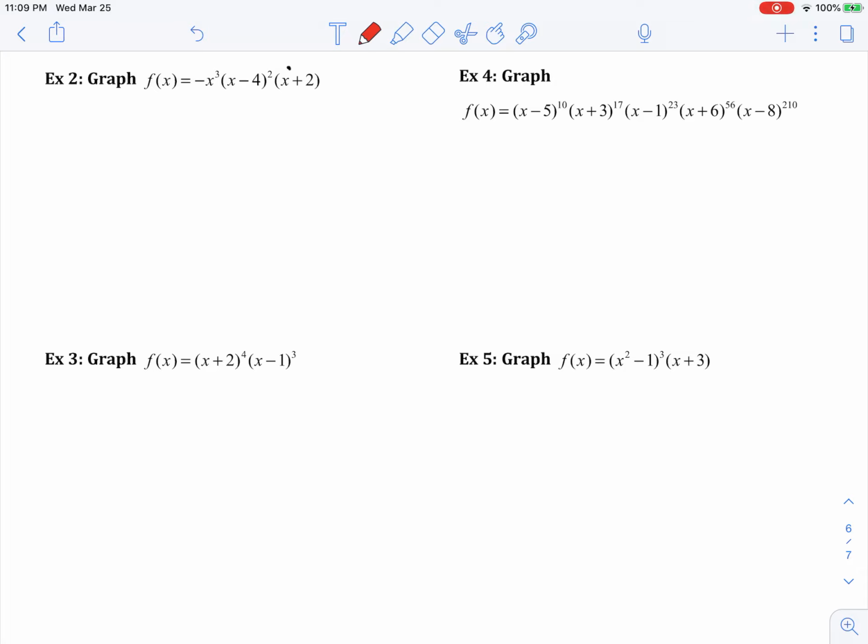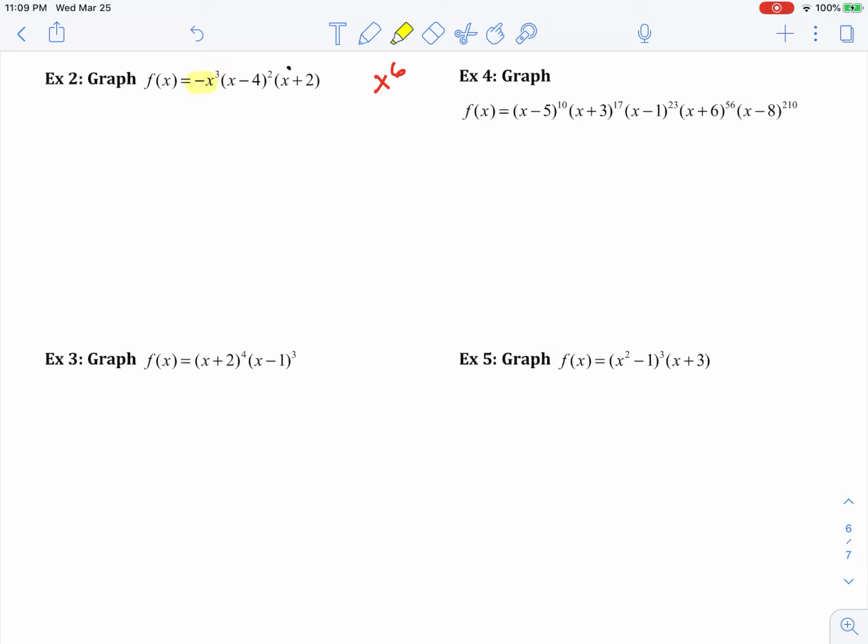So let's first look at what the overall degree of this polynomial is. If we were to multiply out all of those terms, we would end up with an x to the 6th, from the 3 and the 2 and the 1. Remember, if you're multiplying like bases, you add your exponents, so you'd have an x to the 6th.